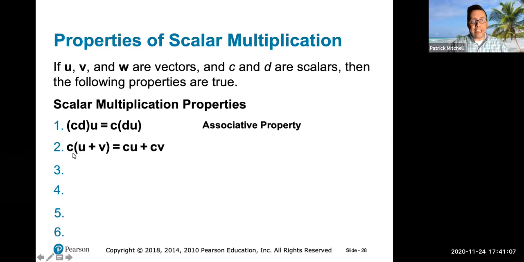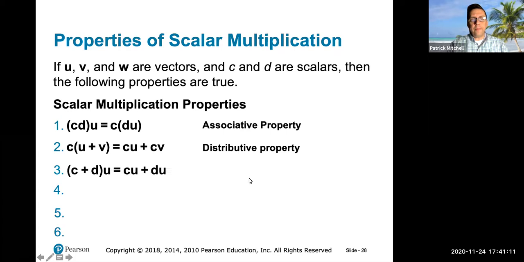This letter c should not be boldface. Basically, none of the letters c and d should be boldface in any of these properties. Here's another distributive property. The difference between this one and this one is that number 2 is talking about how to distribute scalars, and number 3 is talking about how to distribute a vector.